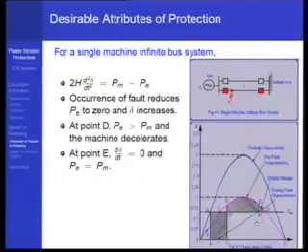So the largest fault clearing time that can be allowed without creating an out of step or unstable situation is called the critical clearing time, and the circuit breaker operating times will be typically much lower than the critical clearing time.